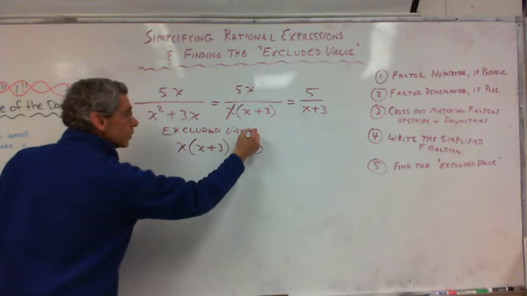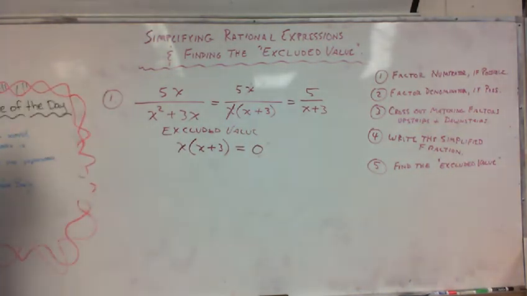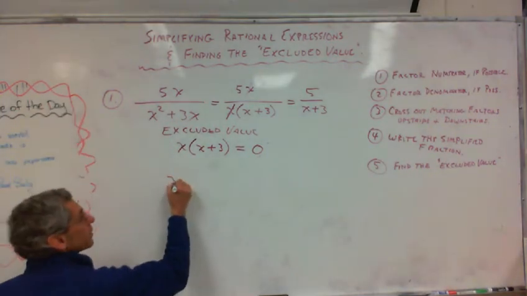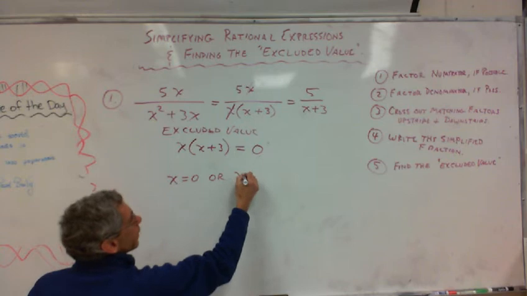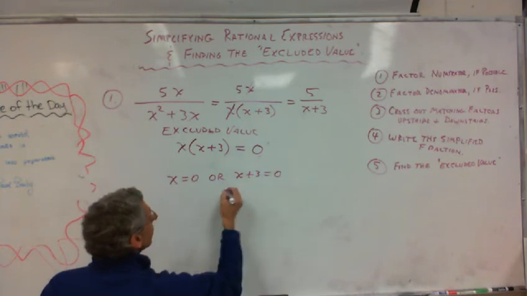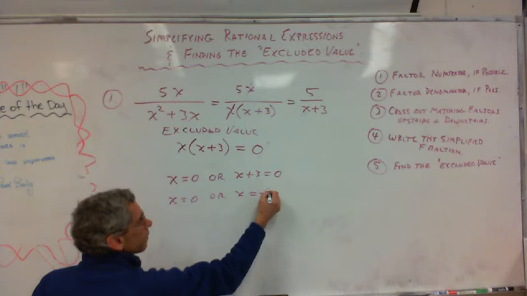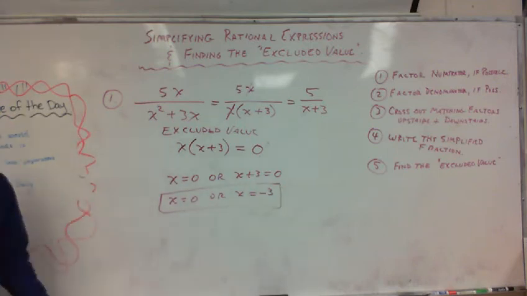All right, so I'm going to say if A times B equals 0, then either A equals 0, which is X equal to 0, or X plus 3 is equal to 0. So either X is equal to 0 or X is equal to -3. Those are the excluded values.